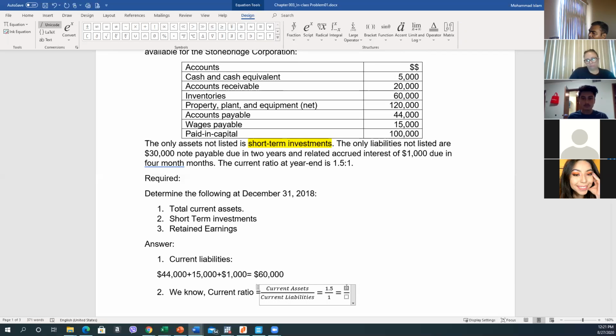We don't know the total current assets, but we know that we have current liabilities of 60,000, correct? And we know this. So our current assets would be equal to what?